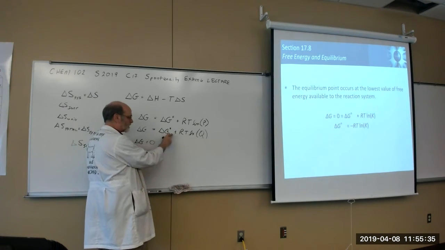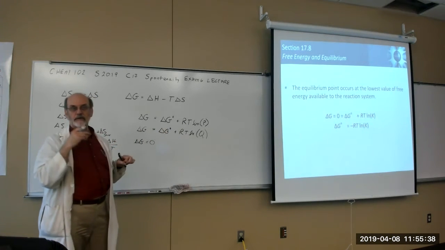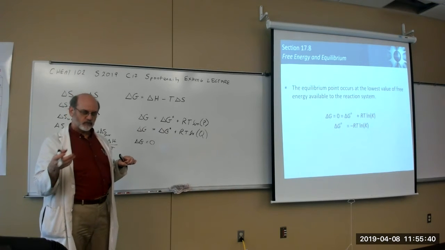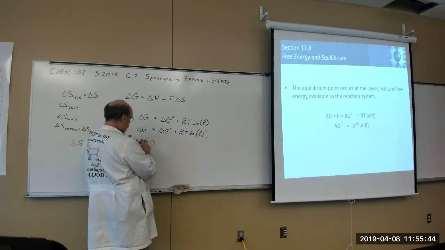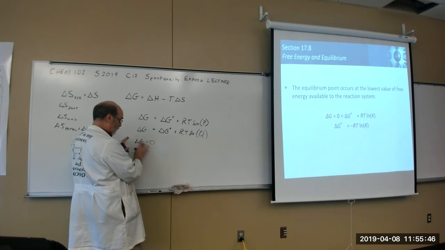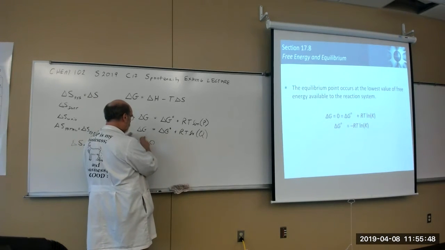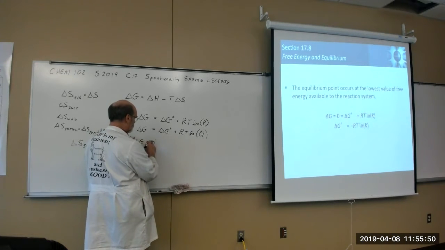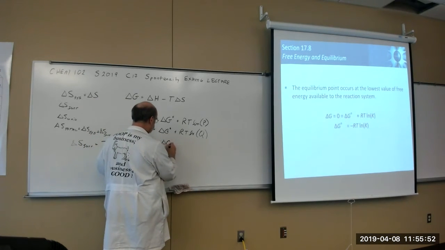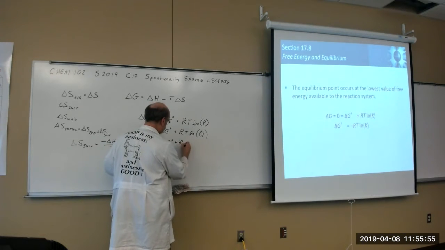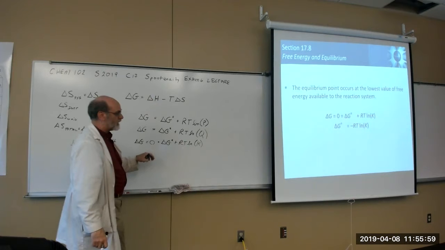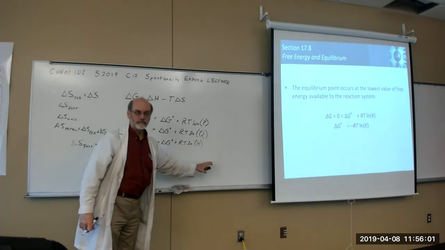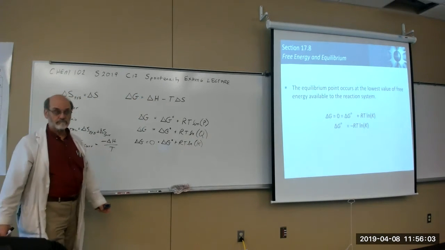These are defined conditions at 1 atmosphere, 25 degrees centigrade. Okay. So under these conditions, if we're at equilibrium, then our delta G equals 0, and then that's equal to this plus that. And at equilibrium, the value is K, not Q. Okay?